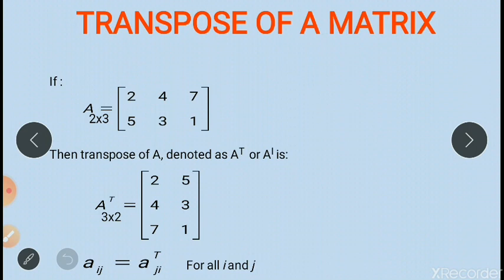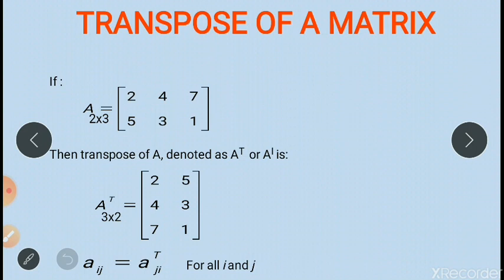When we transpose this A matrix, we'll get A T. The transpose of the A matrix is denoted as A to the power T or A dash. The A T matrix will be 3 into 2. Here the order of the A matrix is 2 into 3. When we transpose the matrix, we'll get the reverse order, that is 3 into 2.